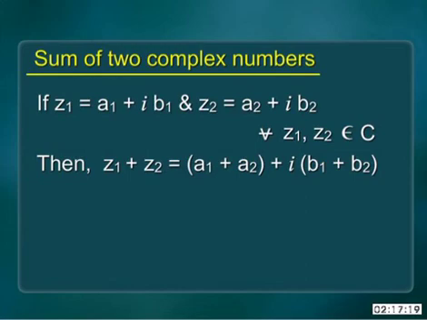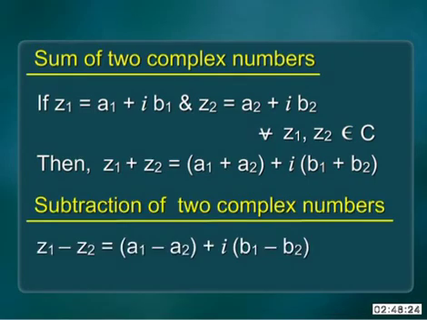That is, the sum of two complex numbers Z1 equal to A1 plus iota B1 and Z2 equal to A2 plus iota B2 is defined as the complex number A1 plus A2 plus iota into B1 plus B2.